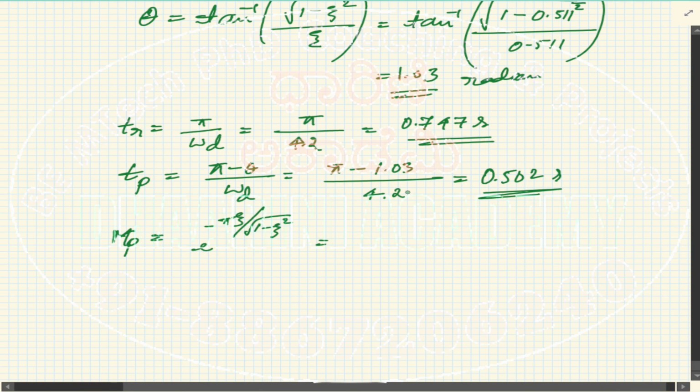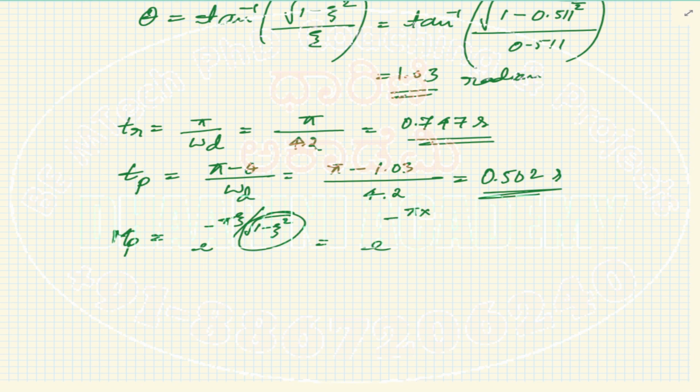So this is equal to e to the power minus pi into the, it's here, 1 minus zeta squared.